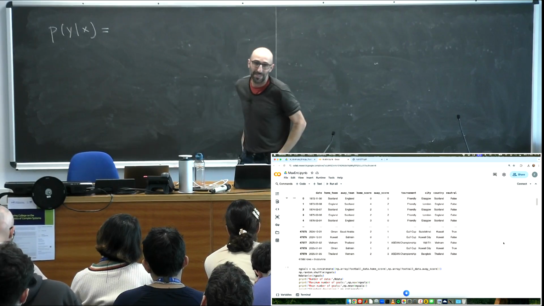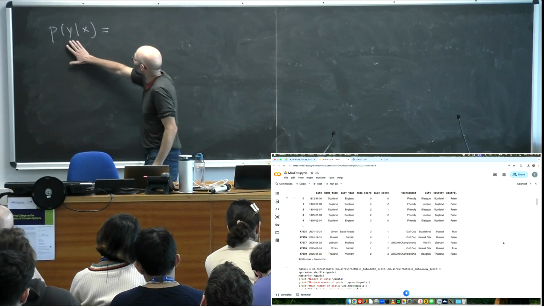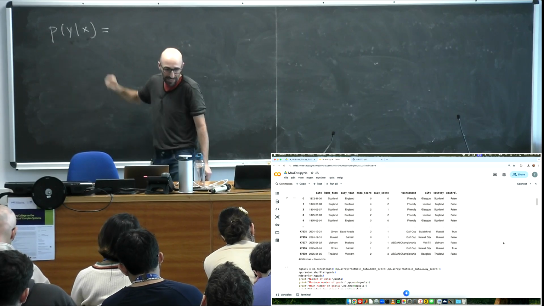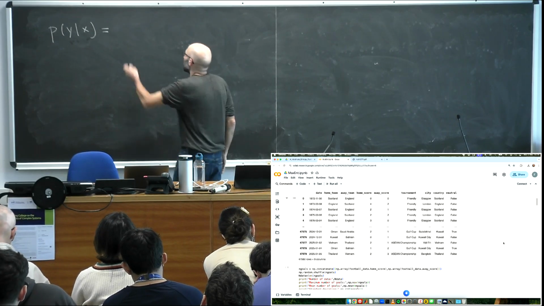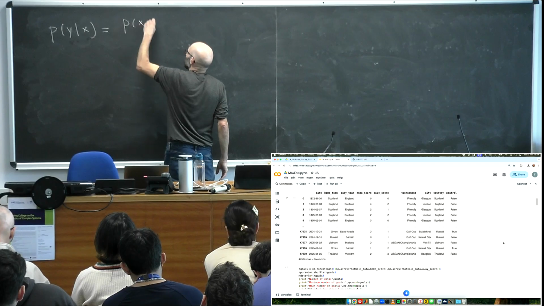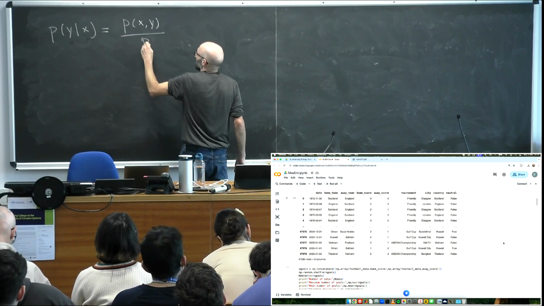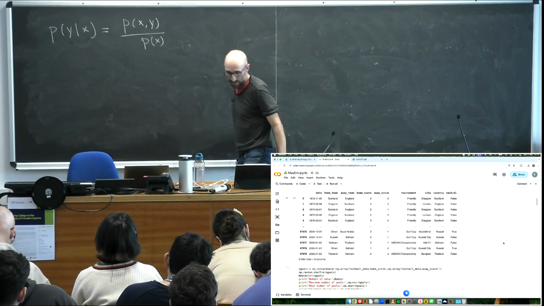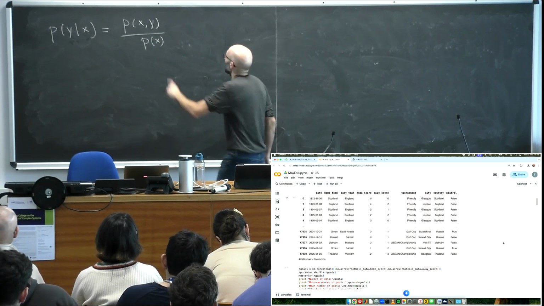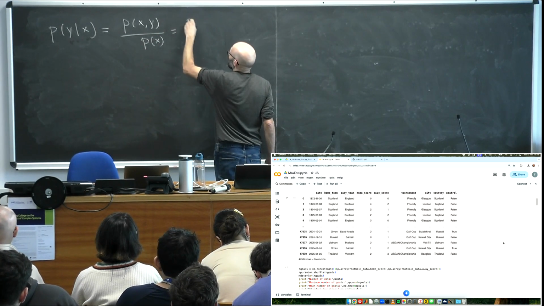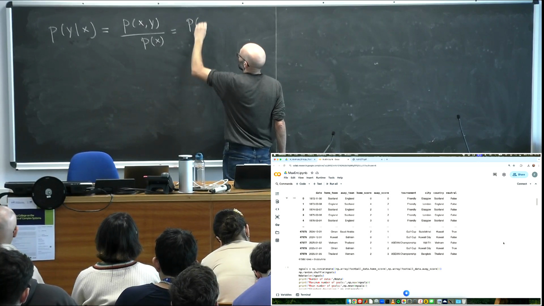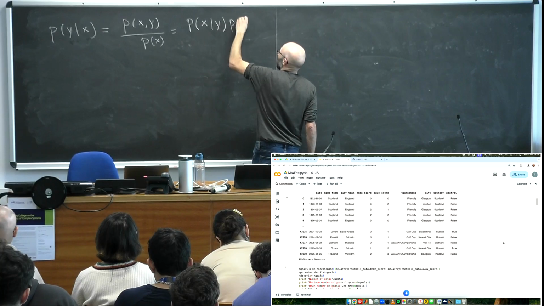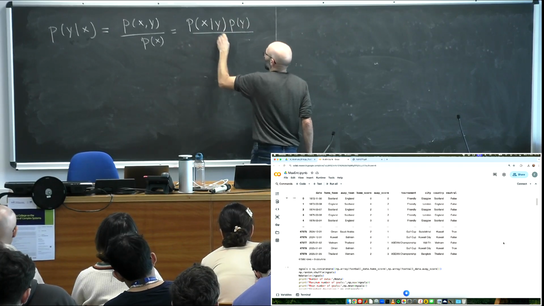Okay, Bayes' rule is the following thing. You want to estimate the probability of some variable y conditional to some observation x. And the way you do that is to use the definition of conditional probability, and then you use that the probability of x and y is also given by the probability of x given y times p of y divided by p of x.